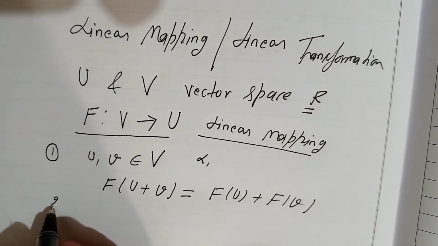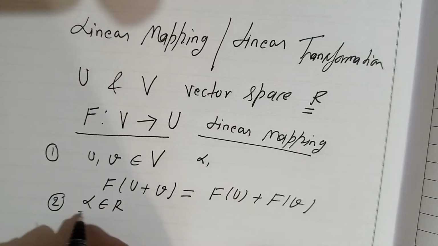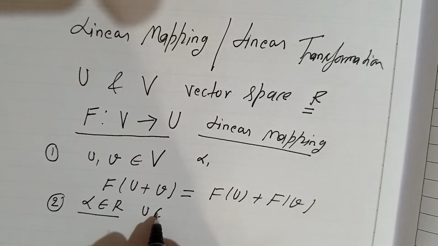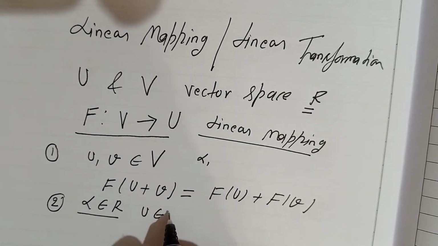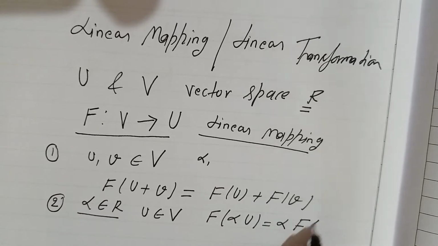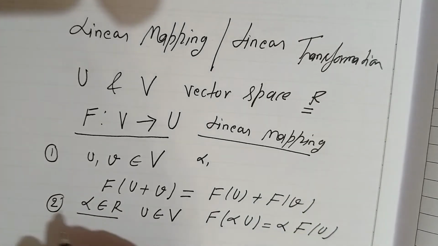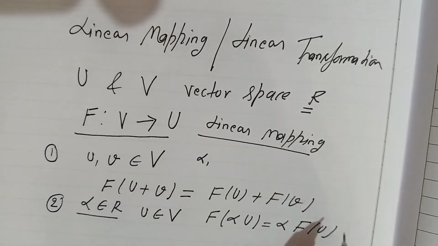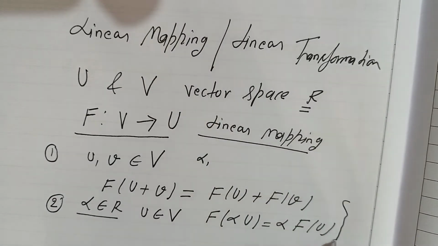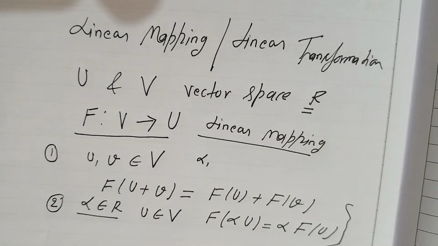And the second property: if alpha is any scalar from the field we have taken and u is any vector from V, then f of alpha u equals alpha times f of u. If the mapping f satisfies these two properties, we say f is a linear mapping or linear transformation.